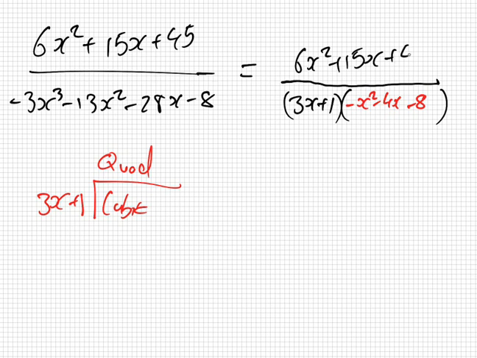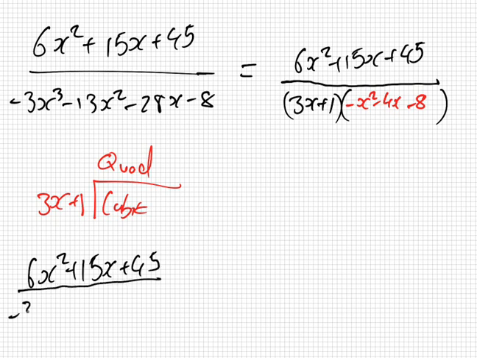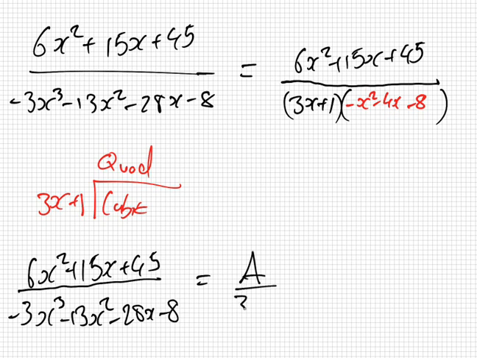So what do we do here in this situation? Well, it's exactly the same. The first one is A over 3x plus 1, and then the second one, you can't simplify it. It's a bit like the repeated root, in that there's a quadratic in the denominator.